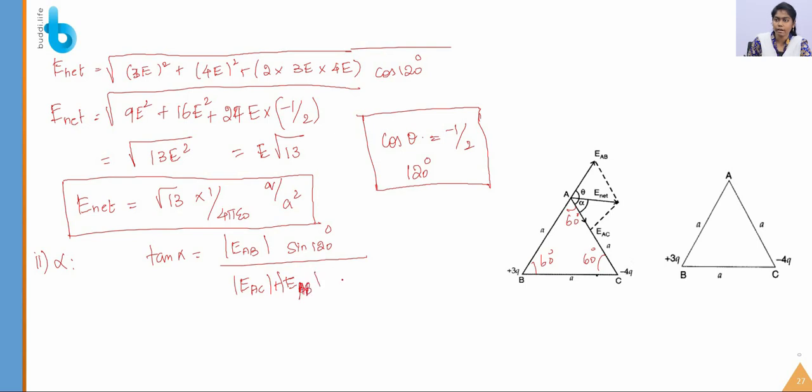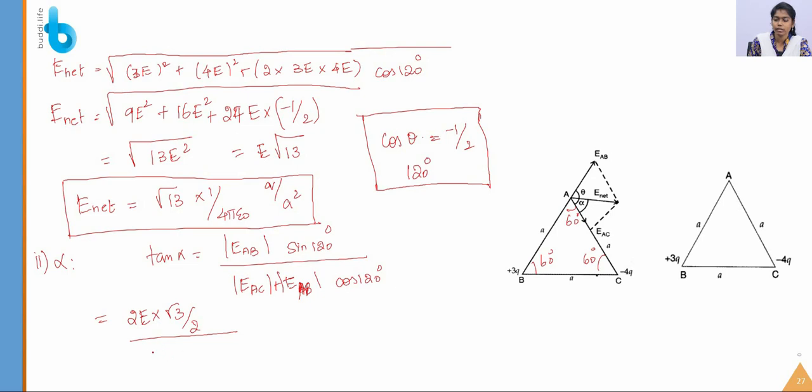By substituting the values of all these parameters, we will get 3E into root 3 by 2, which is the value of sin 120 degree, and 3E is the value of EAB, divided by, so what is the value of EAC?